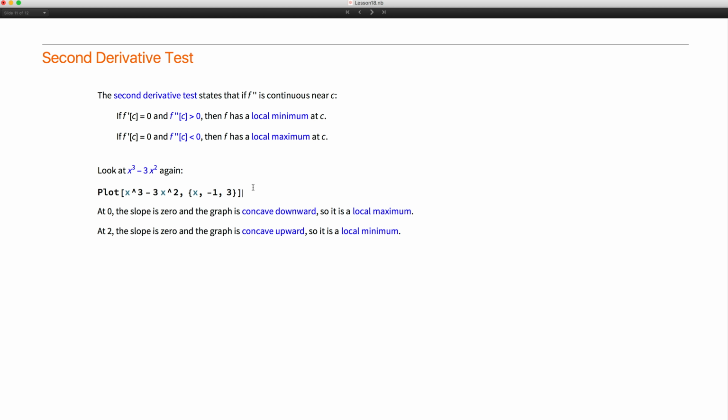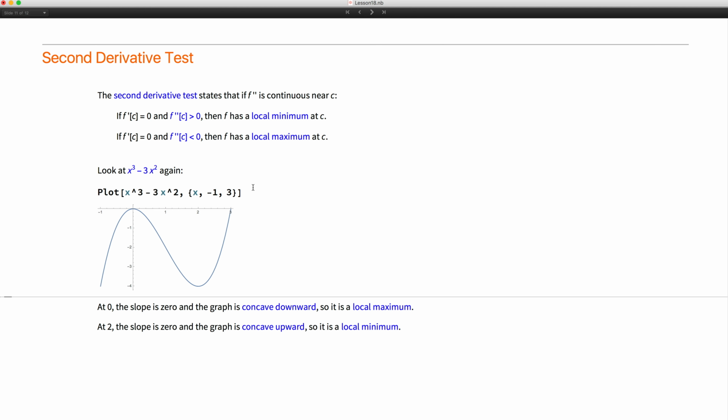So looking again at the earlier function, you see over here that at 0, the slope is 0 and the graph is concave downward, so you have a local maximum, and just the reverse happens at 2 where you have a local minimum. So that's how the second derivative is quite a powerful tool for distinguishing between a maximum and a minimum.